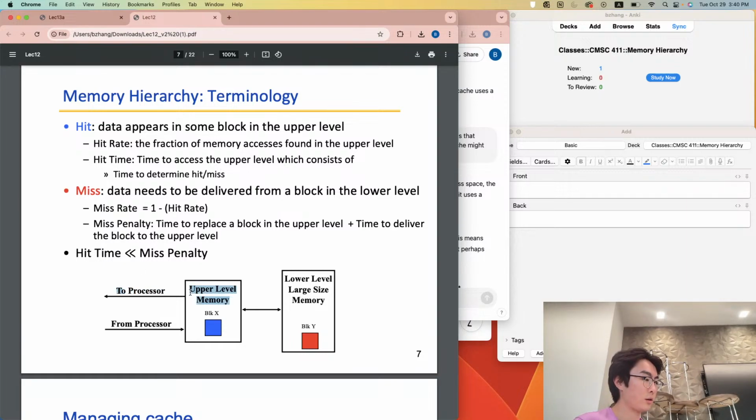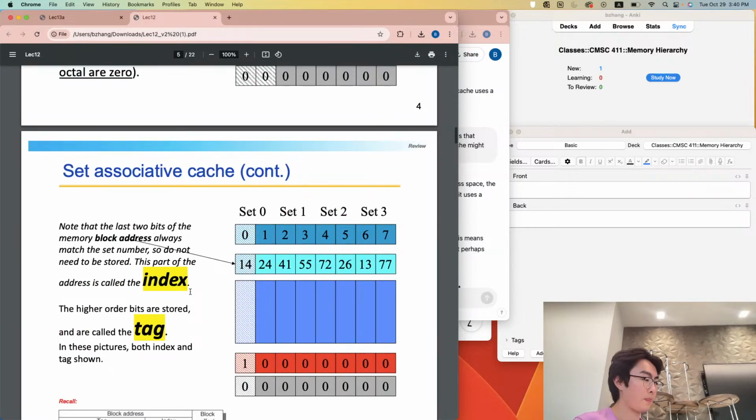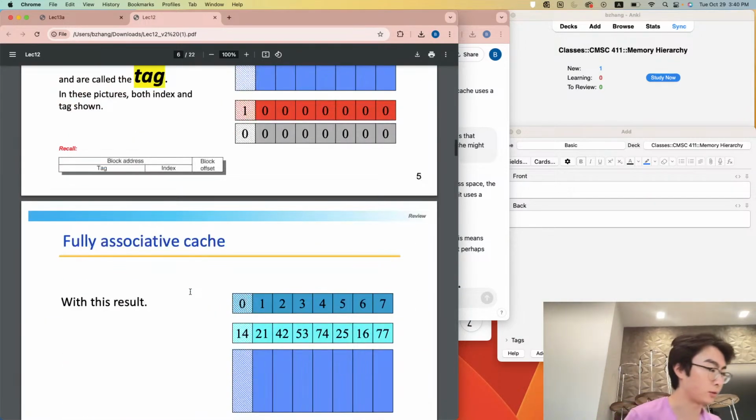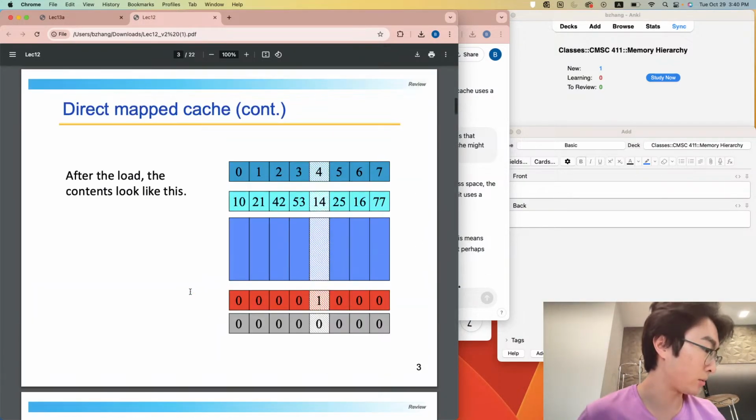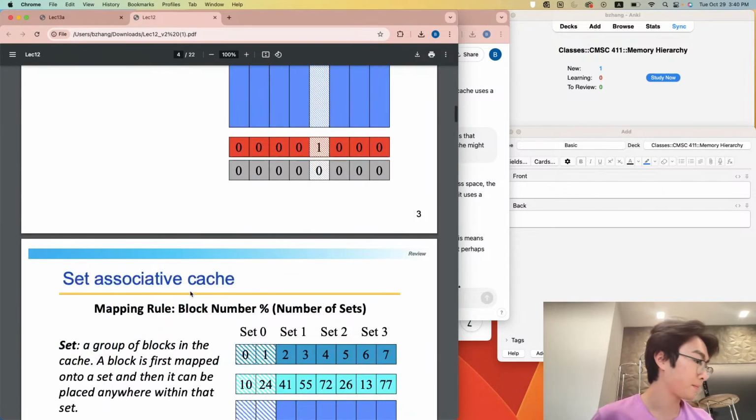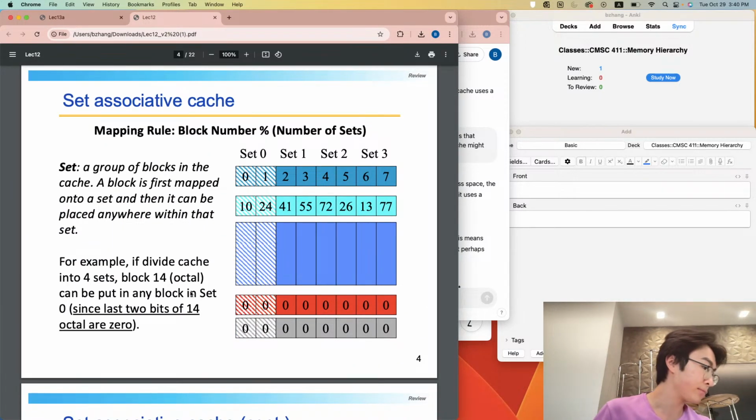Processor. Okay. Maybe it'd be helpful to sort of answer what this is. Block 14 octal computer.